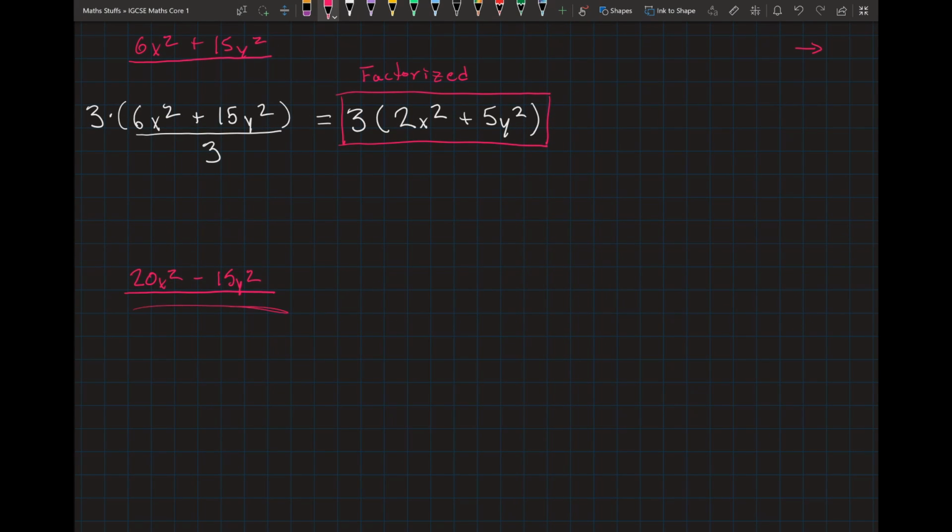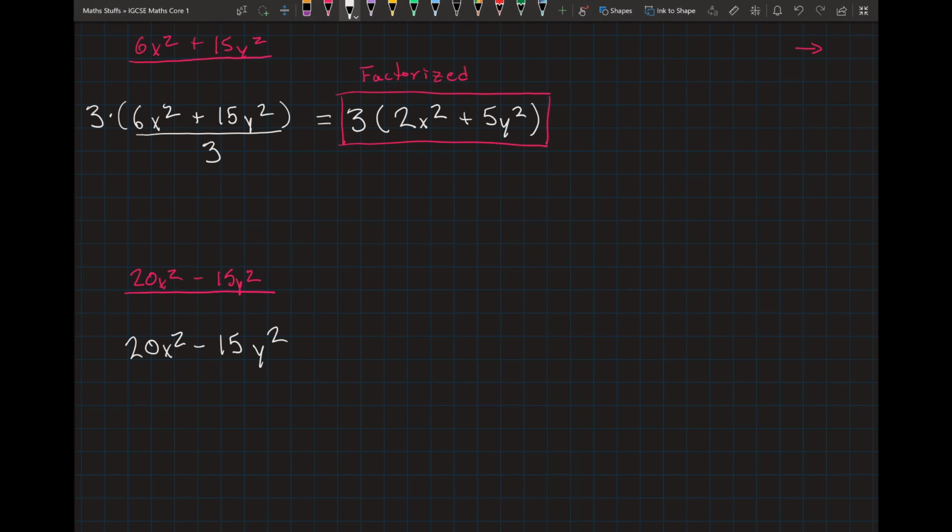Alright, so let's do the next one here, the 20x squared minus 15y squared. I'm going to do this one a little bit faster, and I'm going to say what I am thinking rather than writing it out with too much detail. So we're starting with 20x squared minus 15y squared.